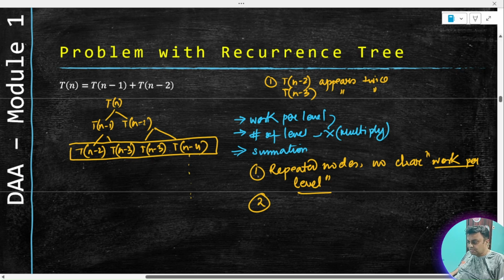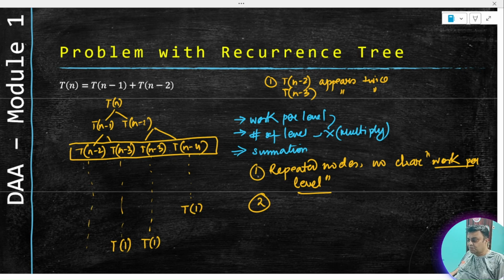If I say that this will end at T(1), then for this, T(1) will occur here. This is T(n-3), so it will end a bit farther, probably here. This is also T(n-3), it will end probably here. And then this is the slowest, so it will end somewhere here, right? So these are the areas where your function will actually end.